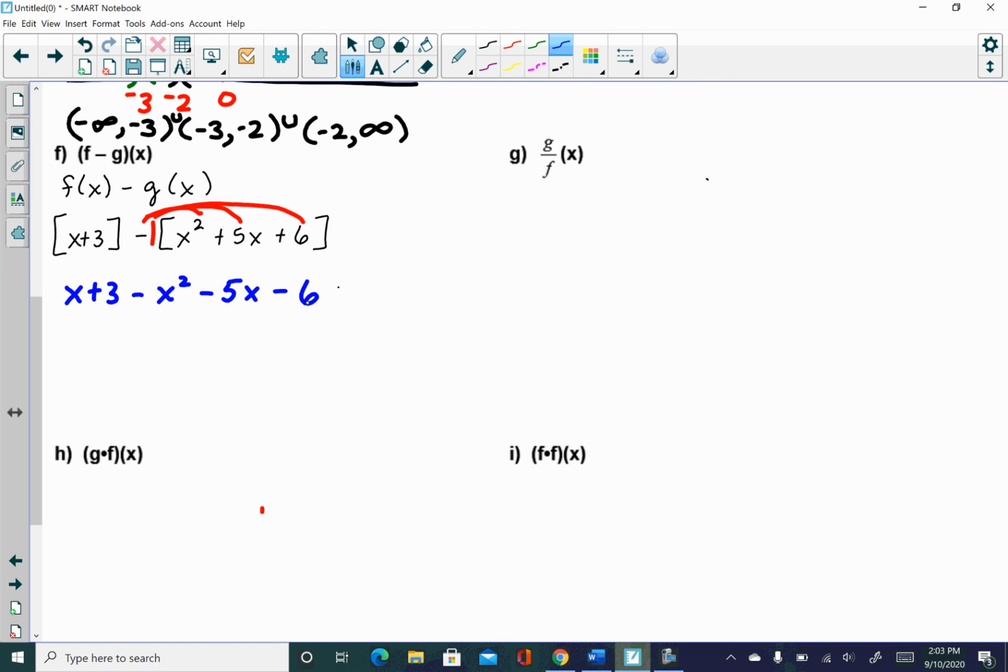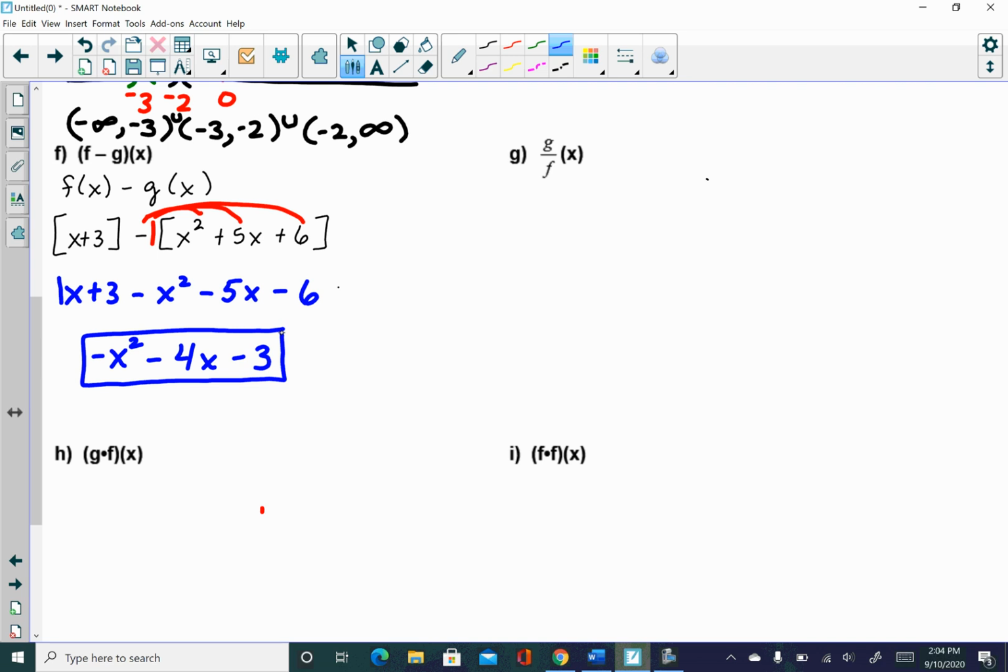And then our last step would be to combine like terms. Usually you write this in descending order. So you have negative x squared. This is a positive 1x and a negative 5x, so minus 4x. Positive 3 minus 6 will give us negative 3. So that would be your final answer, okay?